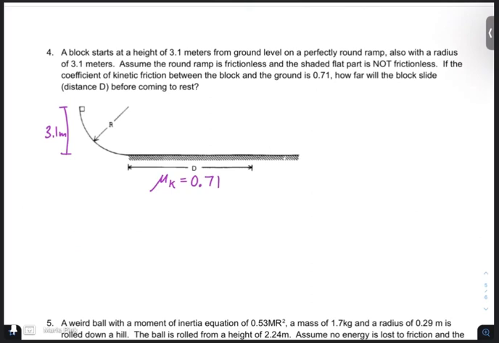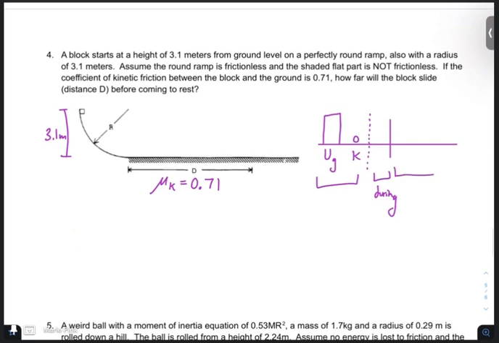So I'm going to remember the work and energy, and I'm going to go ahead and do a bar chart for it. At the beginning, I have gravitational potential energy because it's up in the air at 3.1 meters. My kinetic energy is 0. Then you can think of this as before, this middle part is during, whatever's happening, and this is how much energy there is after.